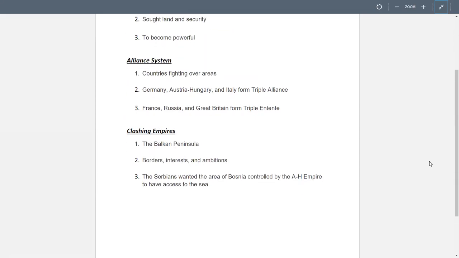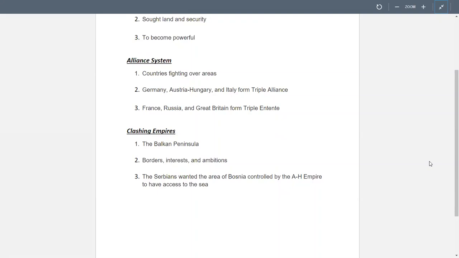The first area that becomes a big place of contention is the Balkan Peninsula. So this is the area of Greece, and a little bit to the east where you now have Turkey, but you had the Ottoman Empire. So you're looking at Greece, Albania, Romania, Bulgaria, those areas, Montenegro, Serbia, Bosnia, all of those areas in the southeast part of Europe.